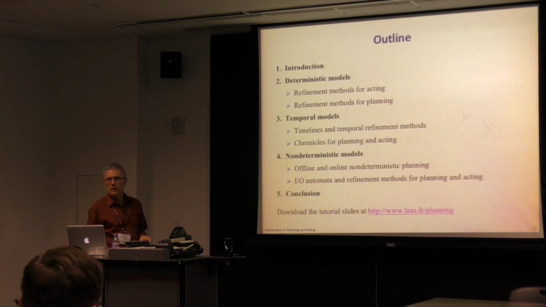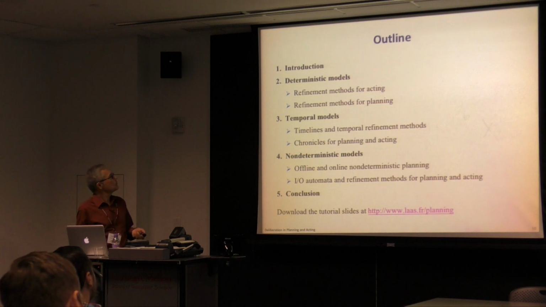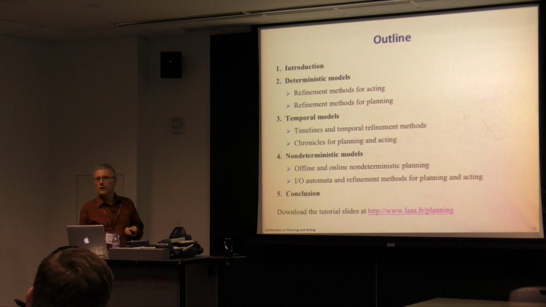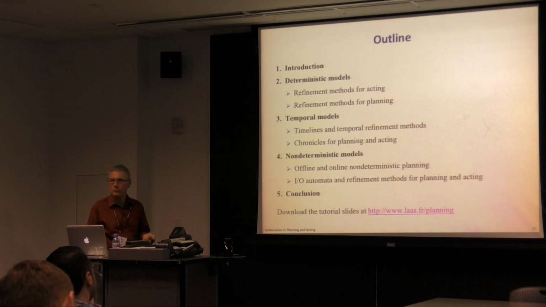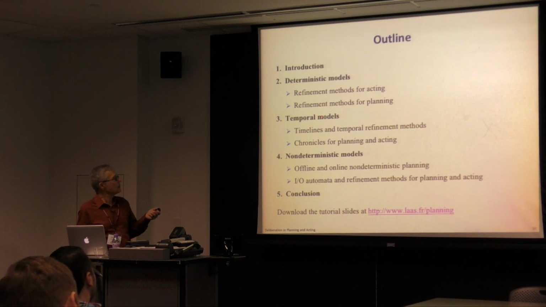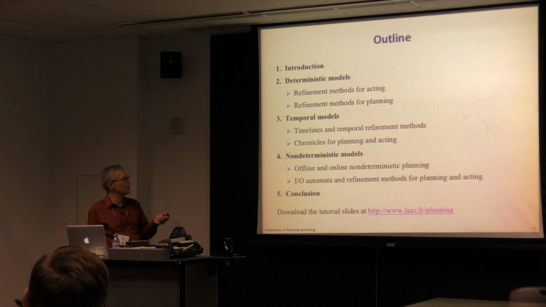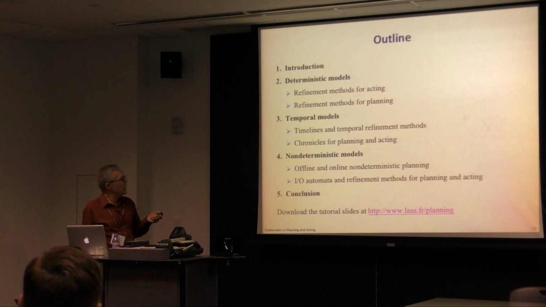So, outline of the rest of the tutorial. First is the introduction, which is what I'm nearly done with right now. Second, some deterministic models, including refinement methods for acting and for planning. Temporal models, where we have timelines and temporal refinement and the use of chronicles.